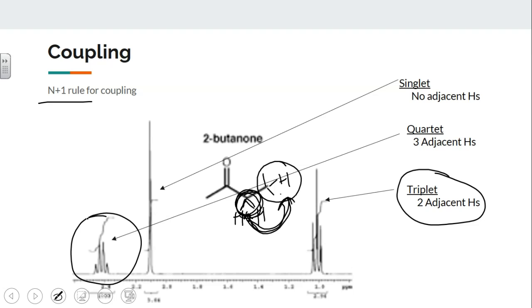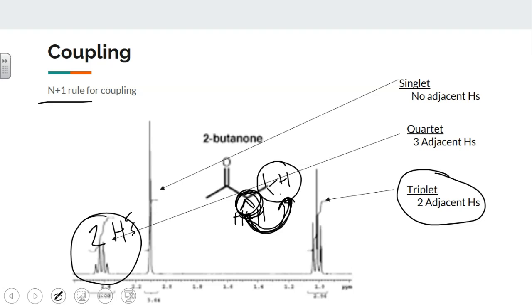That's not representing 2 hydrogens or 3 hydrogens; it's representing that it is next to a carbon that has 3 hydrogens. The integration, the area under the curve, will integrate to 2, meaning there are 2 hydrogens. So that's how coupling works. It's the N+1 rule, and it's for the adjacent hydrogens.